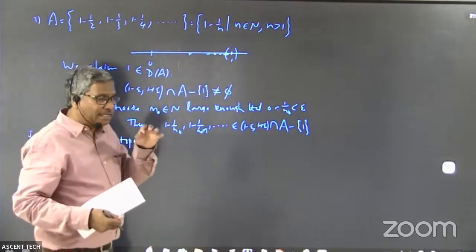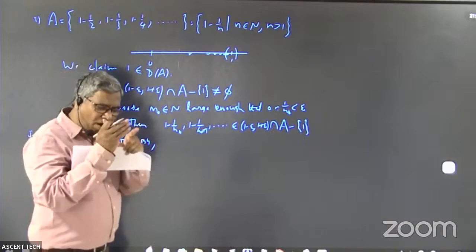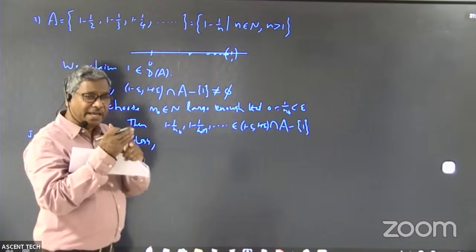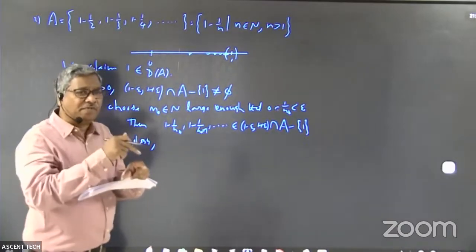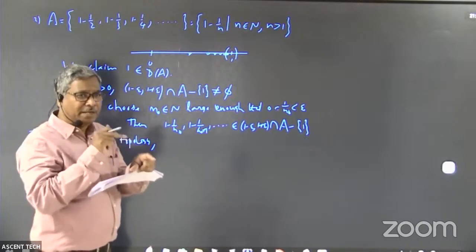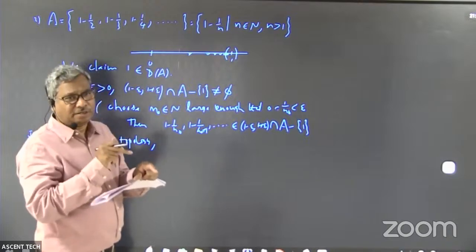Limiting point means that x naught is a limiting point of A if, in however small an interval around x naught I take, that interval will contain, other than x naught, some point from A. So many points in A accrue at x naught.